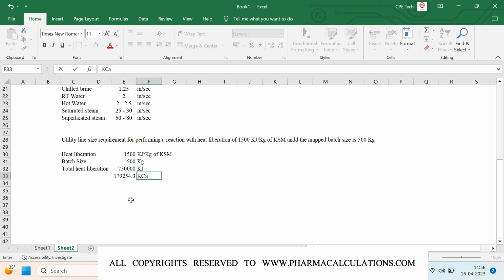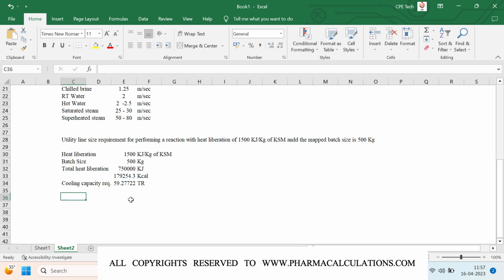This is in kilocalorie. And the cooling capacity requirement is going to be the total heat liberation divided by 3024. So this you are going to get in TR.